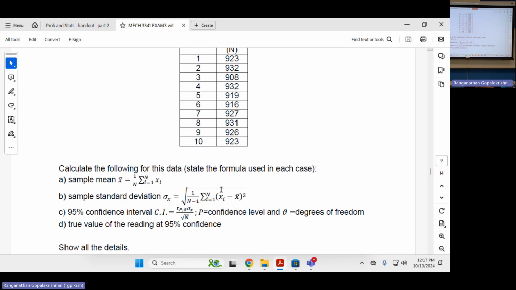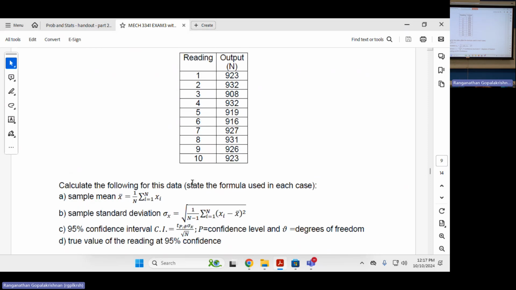Can you go ahead and get the mean and standard deviation? If your calculator can do it, that's fine. You can also do it manually, whichever you prefer.